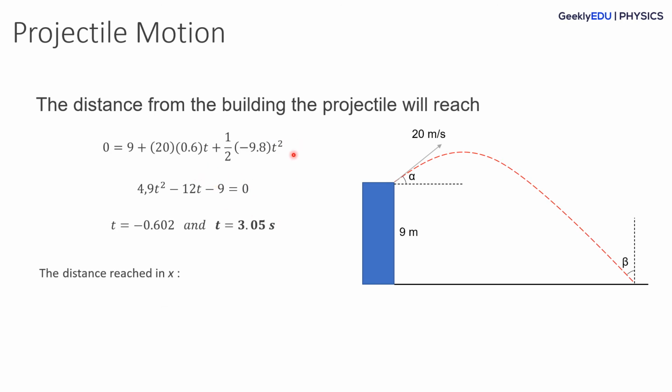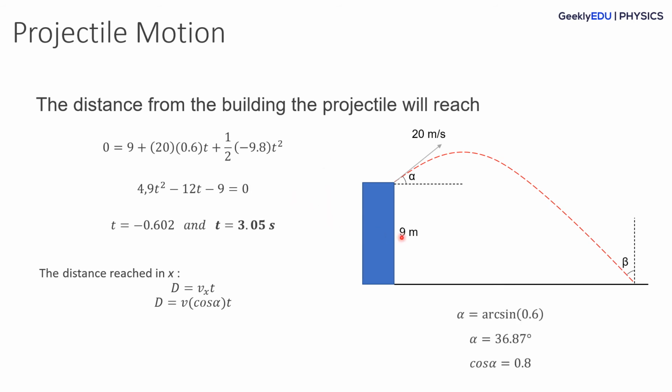Now for the distance in the x direction, we can use this expression. We know that the distance is the velocity times the time. We also know that this velocity in the x direction equals the velocity here, 20, times the cosine of this angle.